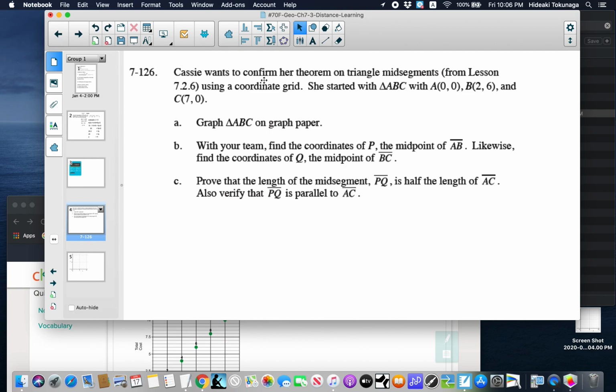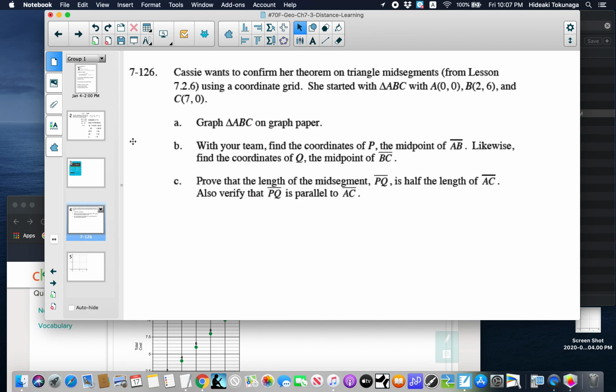Question B, with your team, find the coordinates of P, the midpoint of segment AB. Likewise, find the coordinates of Q, the midpoint of BC. Question C, prove that the length of the mid-segment PQ is half the length of segment AC. Also verify that segment PQ is parallel to segment AC.